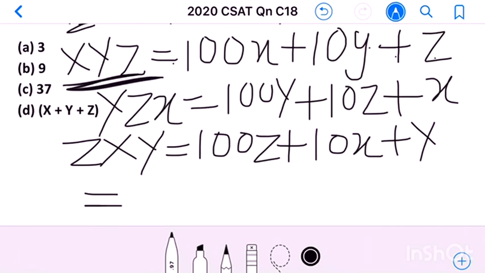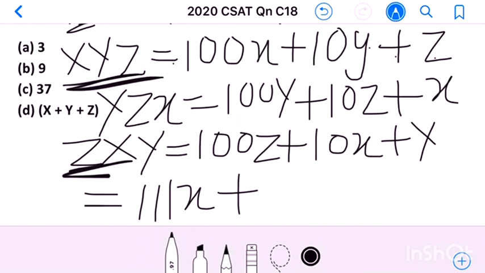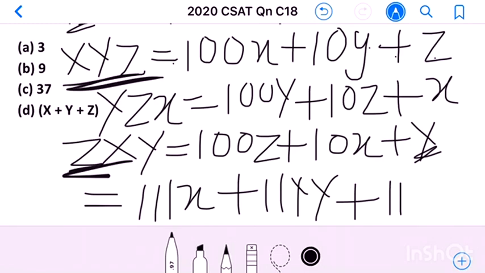By adding all these three, xyz plus yzx plus zxy, we get 100x plus x plus 10x, total 111x, plus 10y plus 100y plus y, we get 111y, plus 111z.